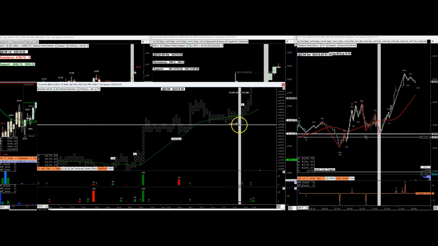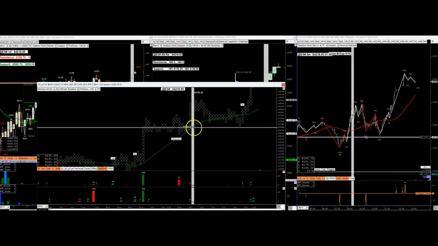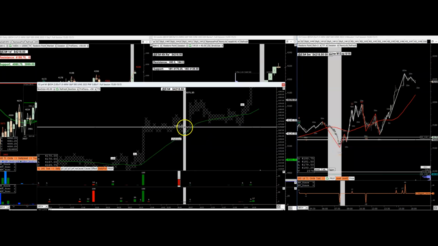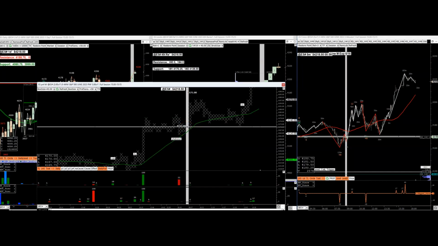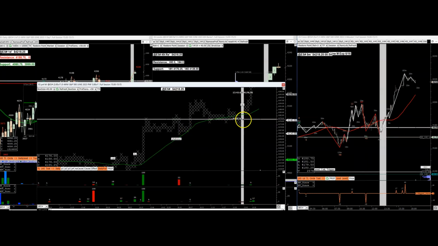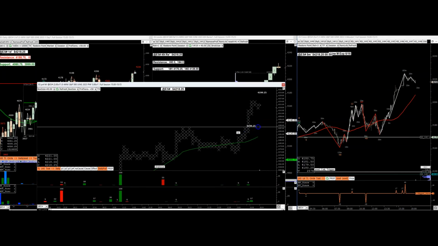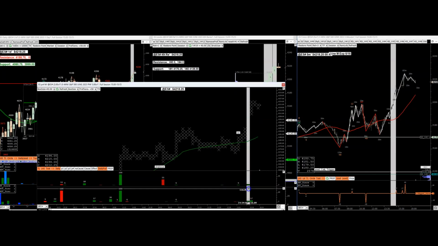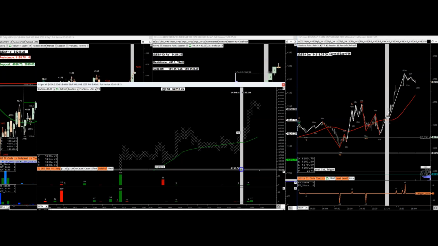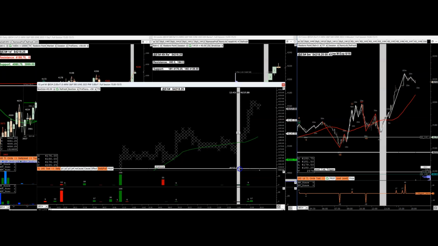Why? Because it came from a spring and it totally rejected. So it tested these lows, the zone or whatever you want to call it, support, tap, and then bang. And now we are seeing more and more price volume increases. So do you short? No way.